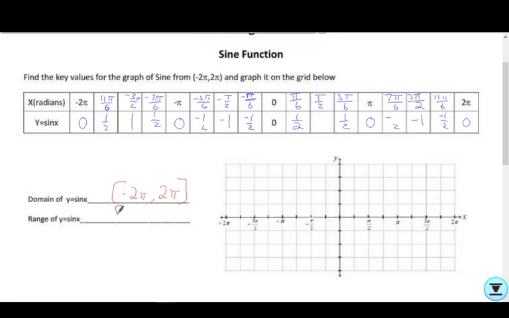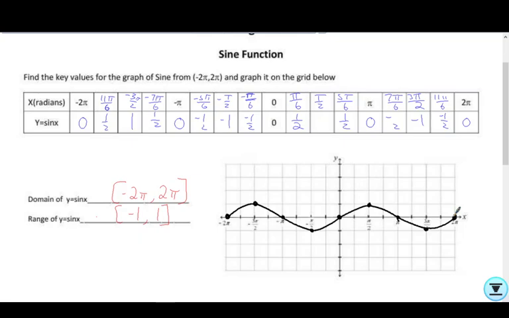And our range is going to be from negative 1 to positive 1. Okay? So if we graph this, it'll look like this. And that's what we expect to see. We just see our parent function and one more period on the negative side. Okay? So this is the regular sine wave.